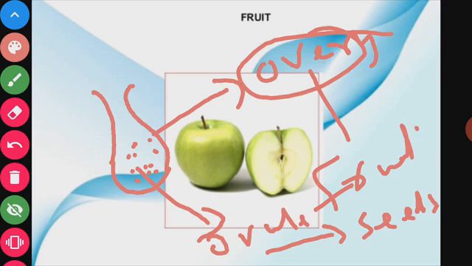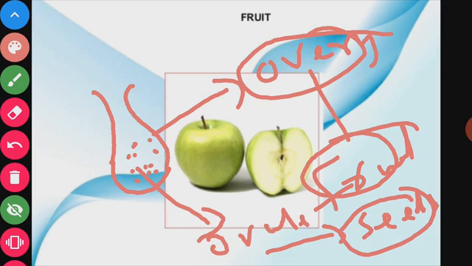Ovary is the fruit and these ovules are the seeds. So in fruits the seeds are the ovules and the fruit is the ovary. Hope you got it.